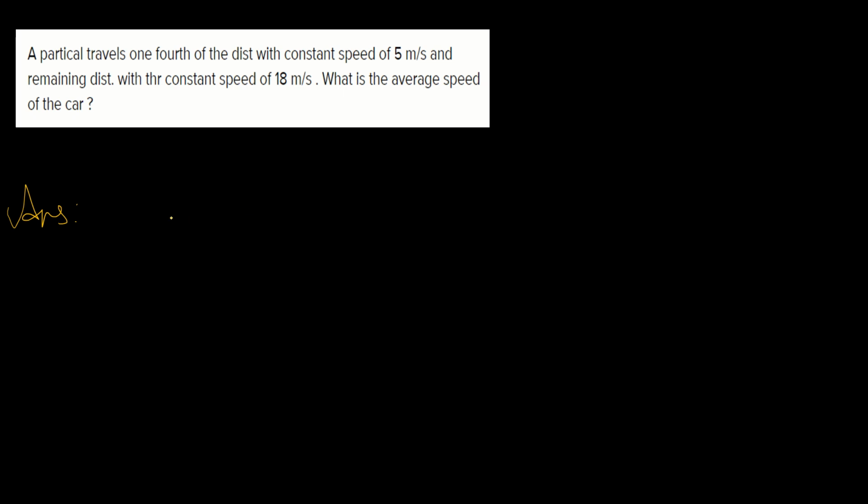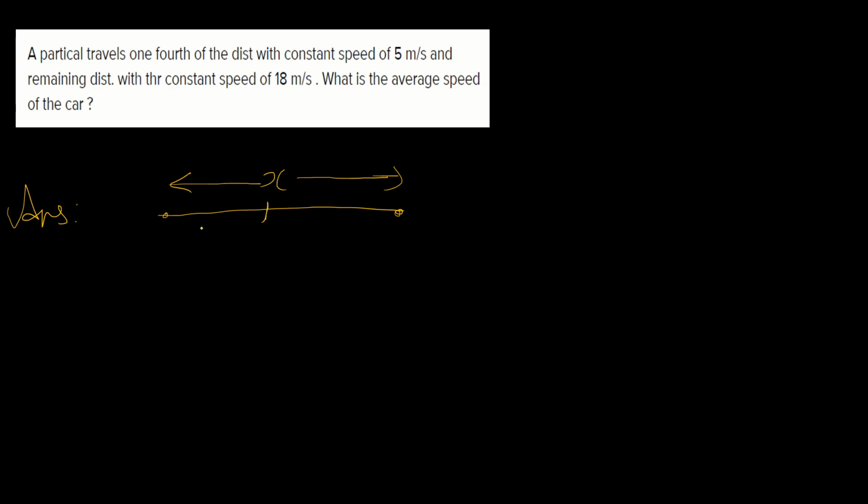So let me first show the diagrammatical representation of this question. From that you will be able to understand. Let's say this is the total path. Let the total distance be x. The particle travels one-fourth of the distance.